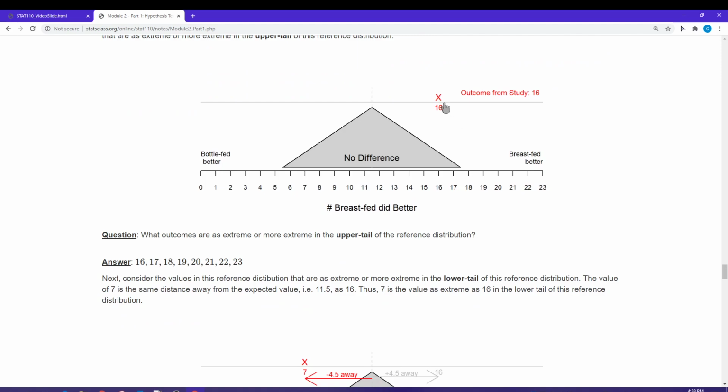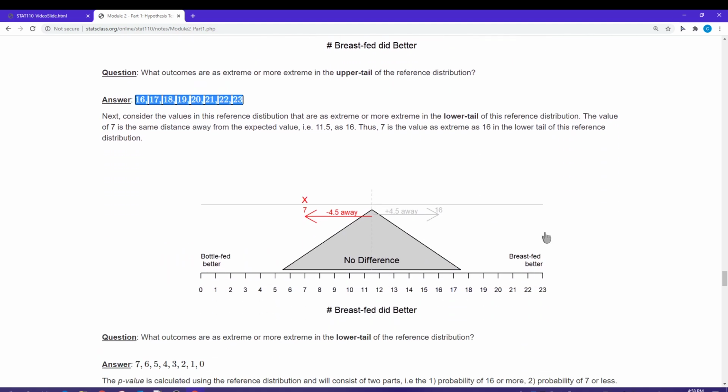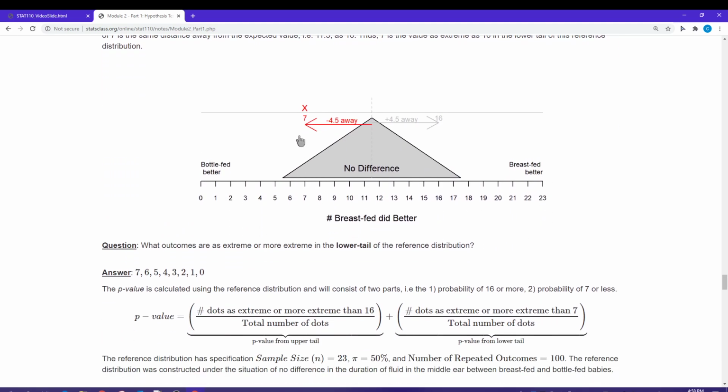So in computing the p-value, I'm going to need values that are as extreme or more extreme that would provide evidence for the research question. So here that's going to be the values 16, 17, 18, 19, 20, 21, 22, 23. But because this is a two-sided analysis, I also need to worry about values that are extreme on the left side.